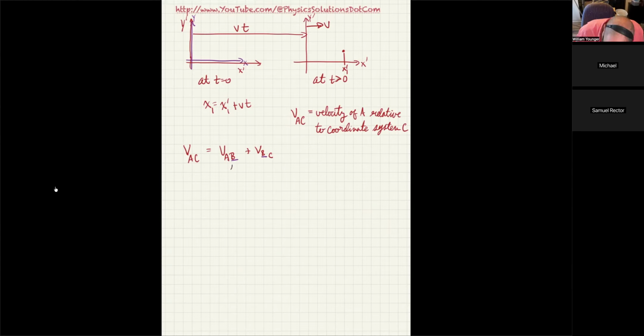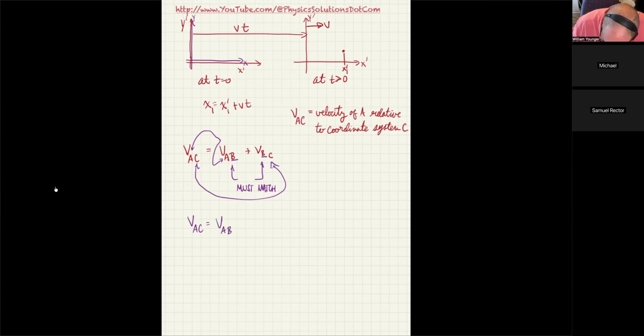So for a formula, these two must match, and this one has to match, and this one has to match. So that's how you actually find relative velocity. The velocity of A as seen by C is equal to the velocity of A as seen by B plus the velocity of B as seen by C.